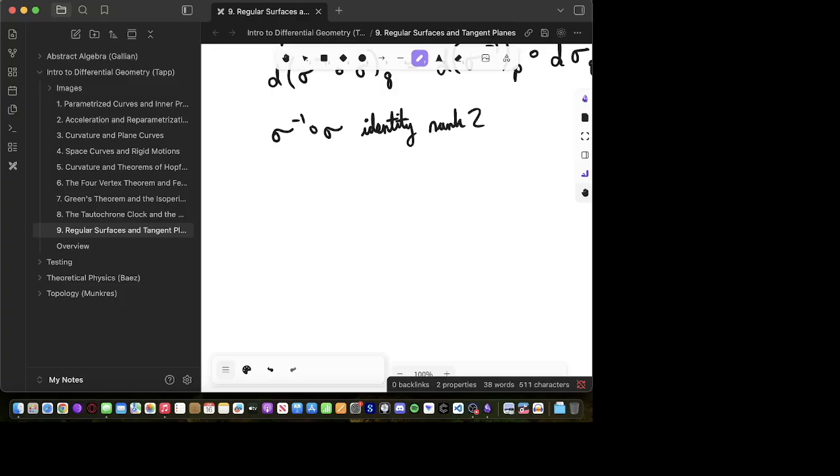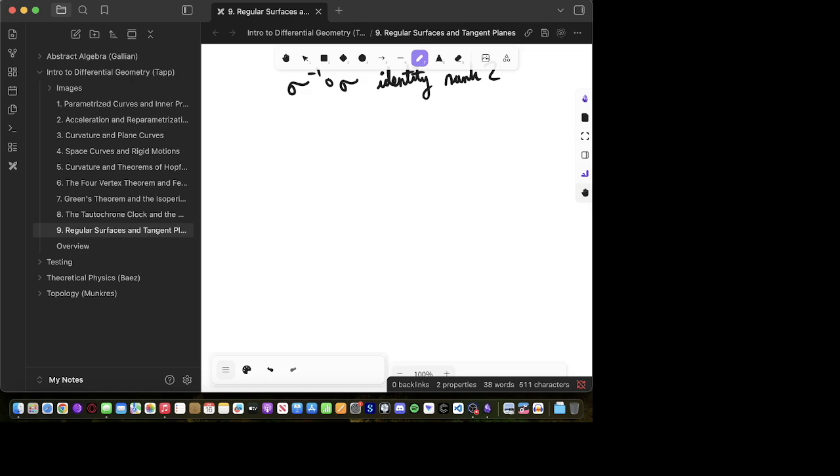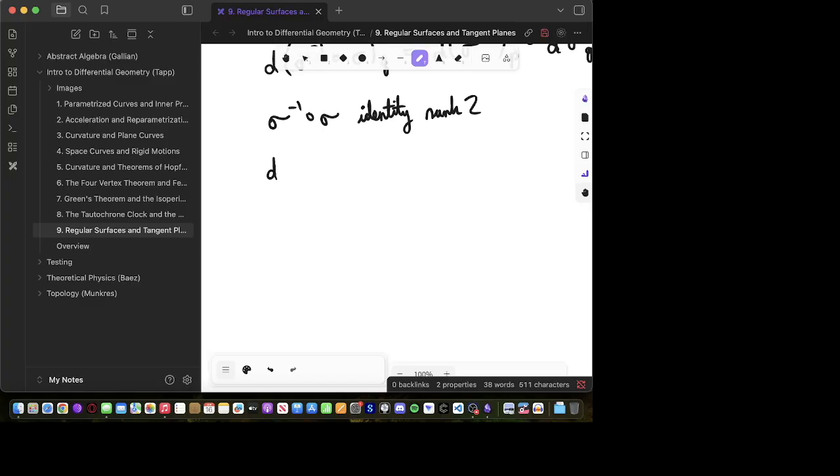And therefore, it must mean that the rank of a composition of two linear transformations must be less than or equal to the rank of the first. So, d sigma Q must have rank 2.